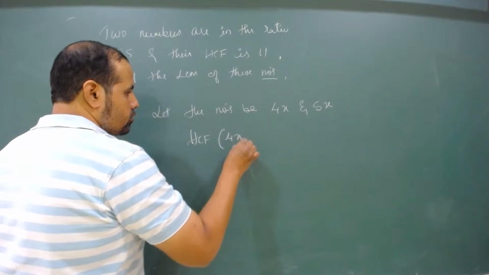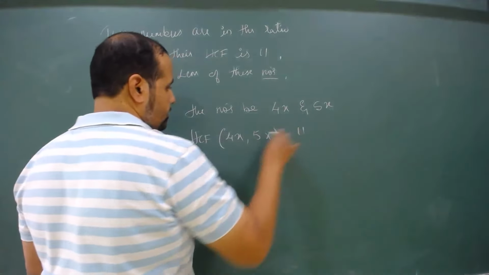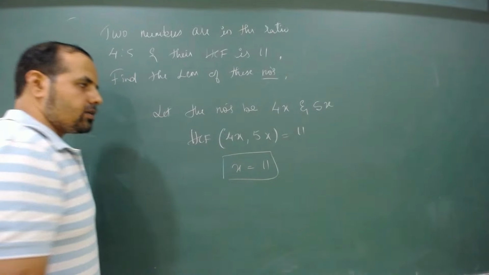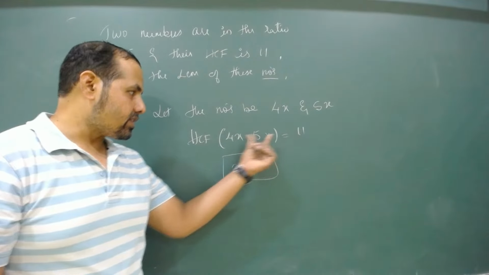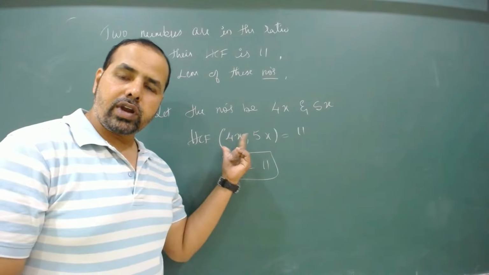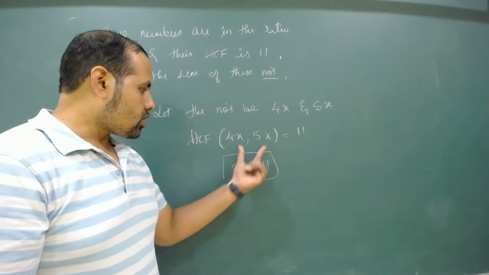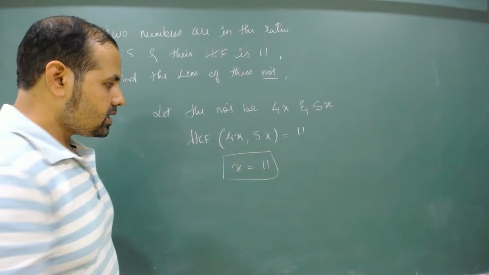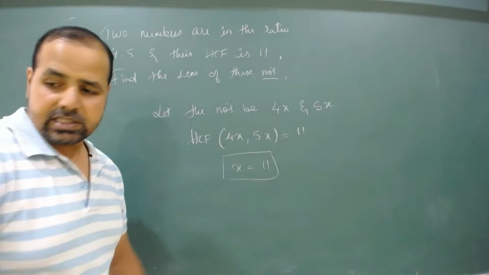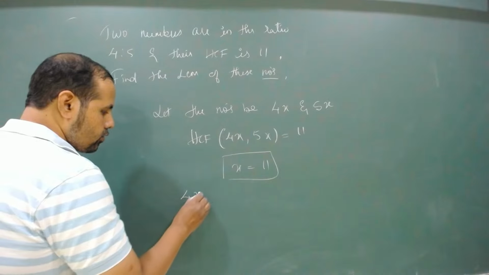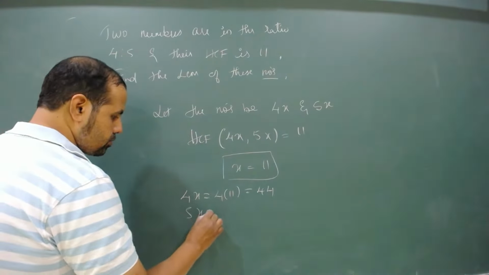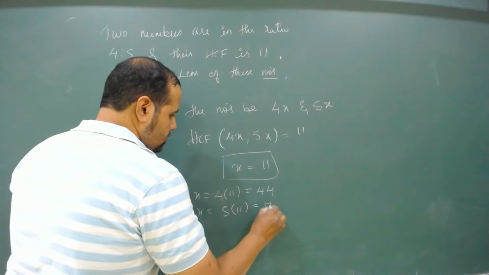HCF of 4x and 5x is 11. 4 and 5 are co-prime numbers, so x is the common number. Therefore, HCF is nothing but x, that is, the value of x is 11. If x is 11, 4x would be 4 times 11, 44. 5x would be 5 times 11, 55.